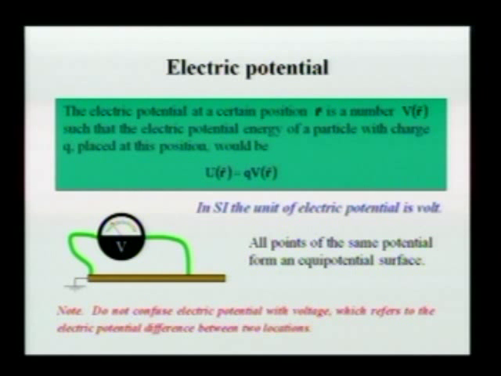However, it is used so commonly that now it is accepted as the term referring to electric potential difference between two locations. So more precisely, rather than voltage, you should say potential difference. And I want you to say potential difference for at least a week.